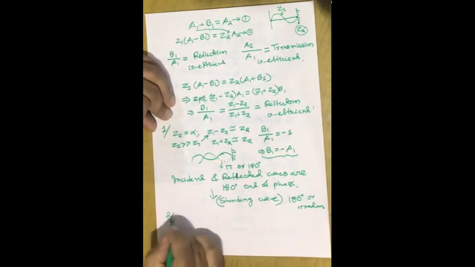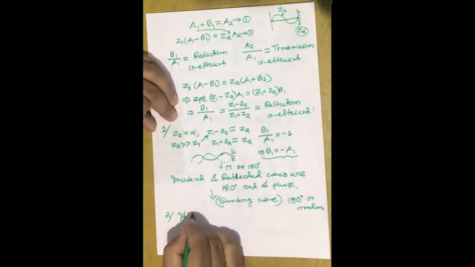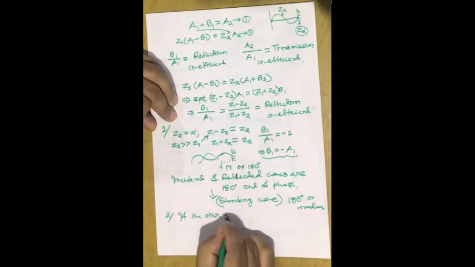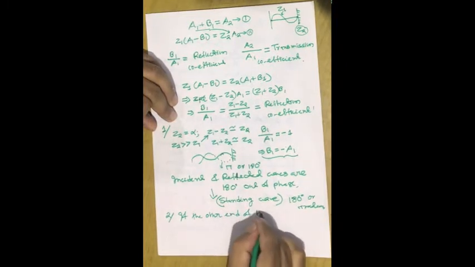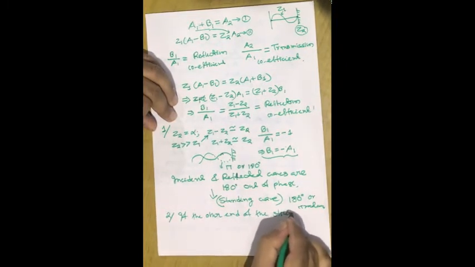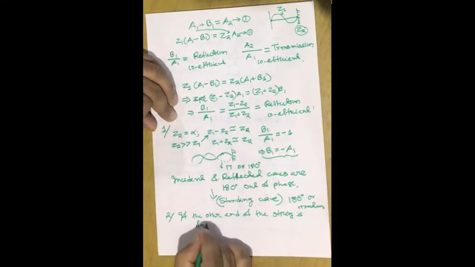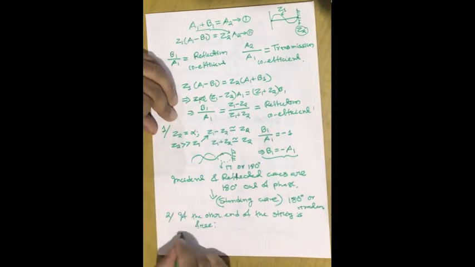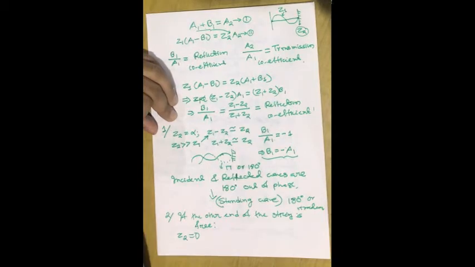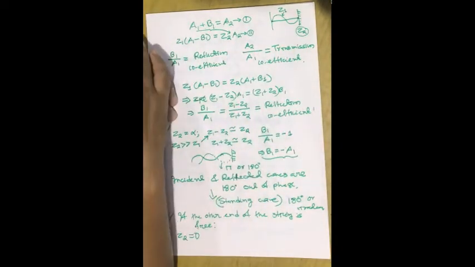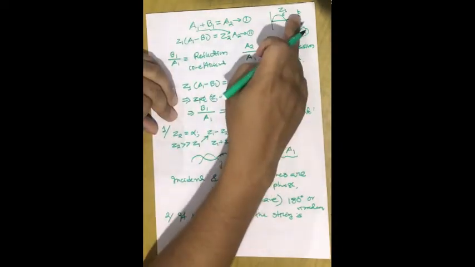Case 2: if the other end of the string is free. In that case, what will be the value of Z2? Z2 will be equal to 0 because there is no impedance to the propagating wave as this end is free.